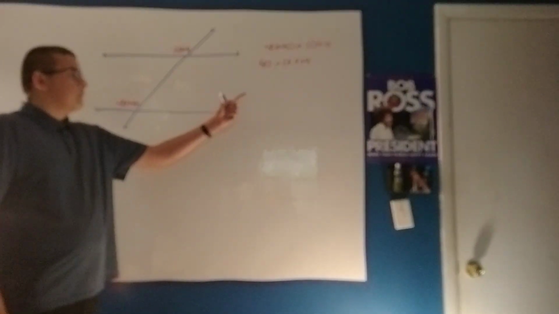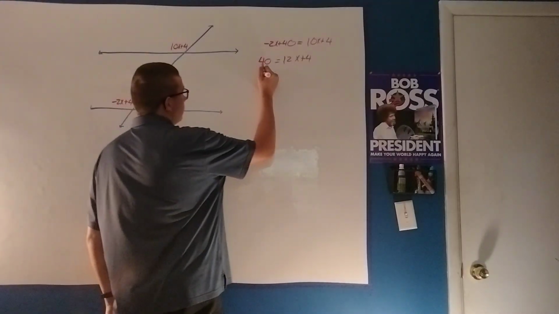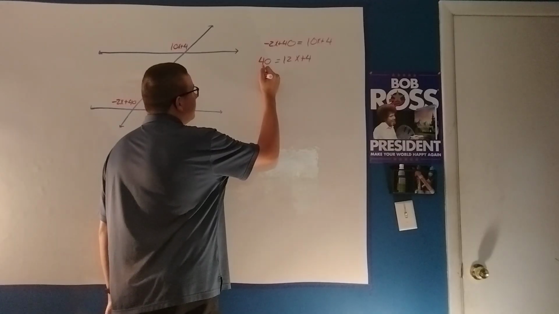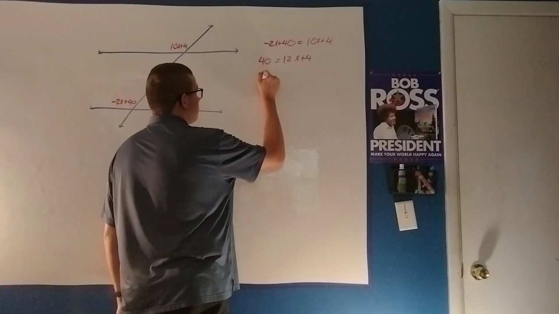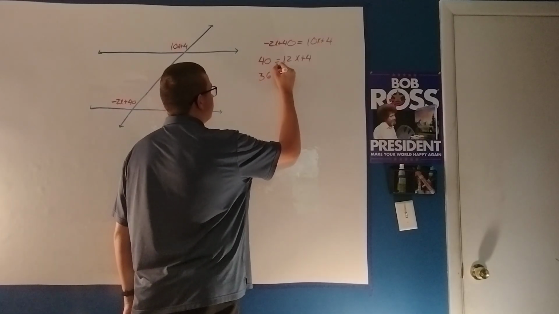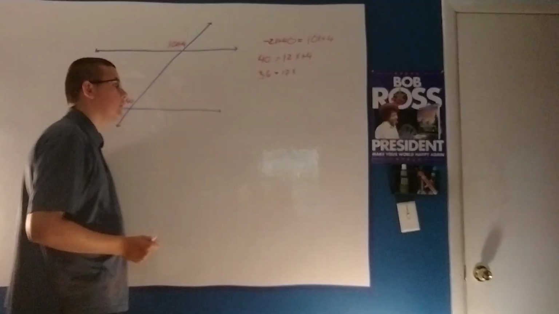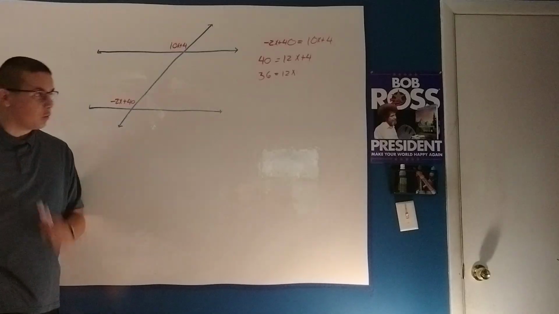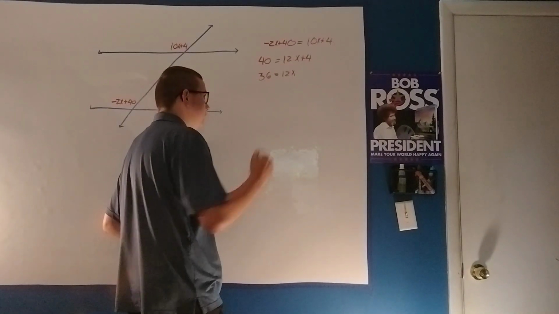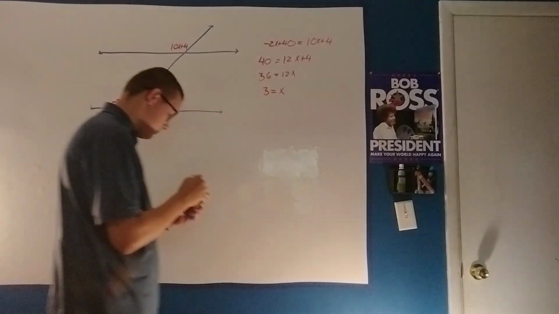And then we bring the 4 over, so when we bring it over, it goes negative. Don't know why I'm teaching you how to do equations, but we get 36 equals 12x, and then 36 divided by 12 equals 3. 3 equals x.